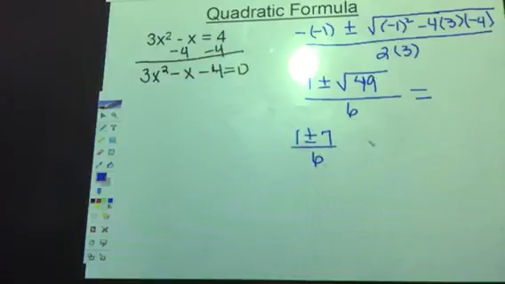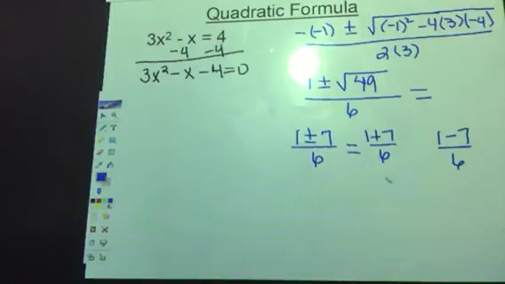Okay? Again, you can factor this type of problem and still be able to get the same answer. Okay? So now, this is 1 plus 7 divided by 6 and 1 minus 7 divided by 6.